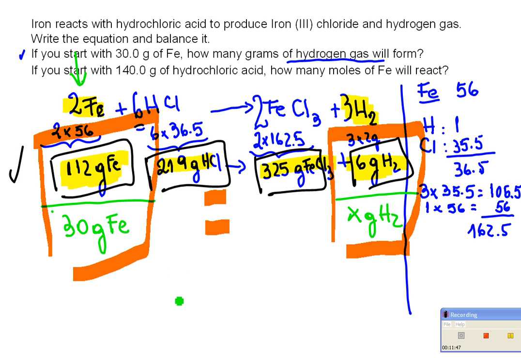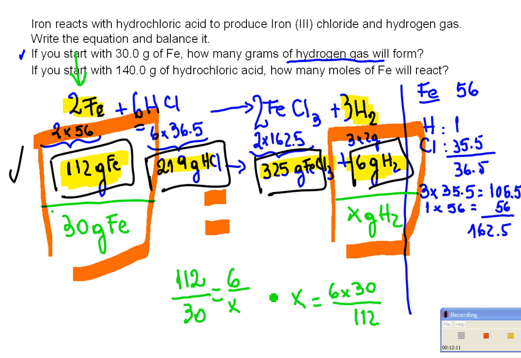But if I do it without the units so I do it faster, okay? 112 divided by 30 is equal to 6 divided by X. Isn't that the same numbers that we calculated just a minute ago? X equals 6 times 30 divided by 112. Can you do it like this? Yes, but you are not going to get the points for the units.